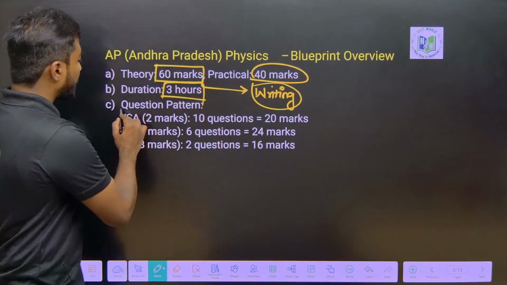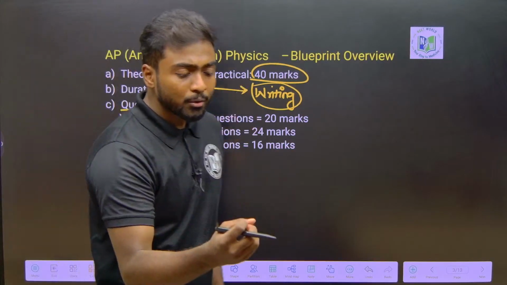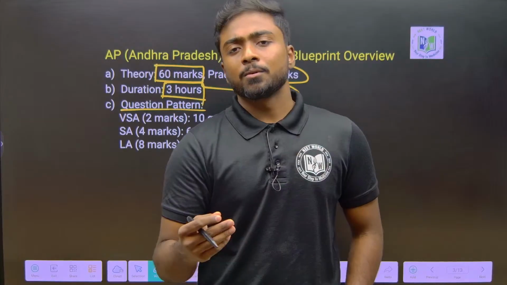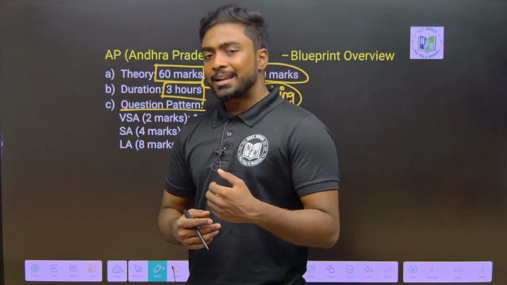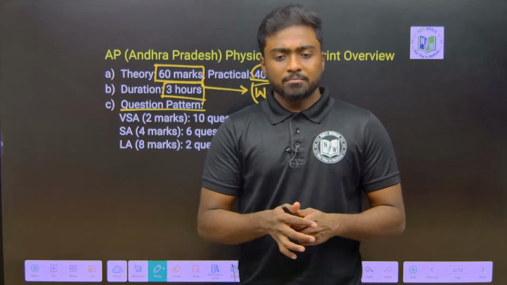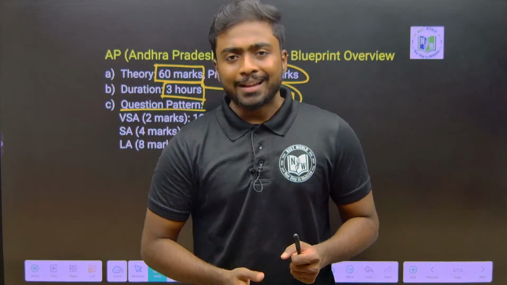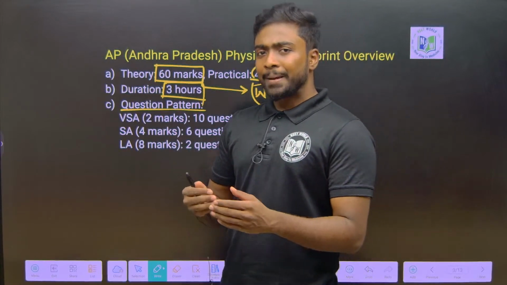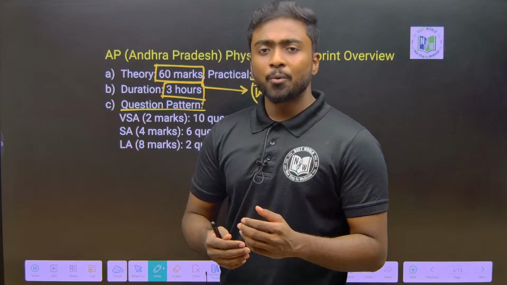Now the question paper pattern. People who have completed class 11th going to class 12th, and class 10th people going to class 11th, some patterns may be different, and here is how to overcome that.